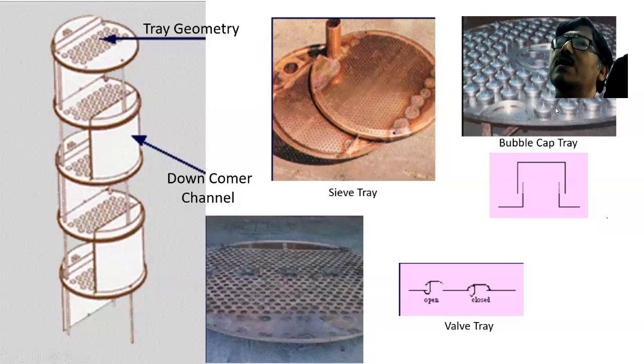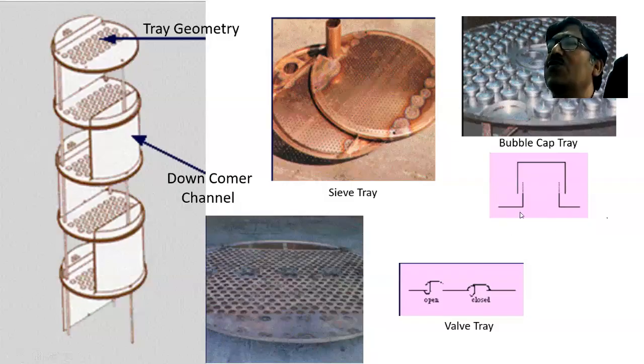Due to that, where it is not absolutely necessary, it is not used. Otherwise, if we want more flexibility, more efficiency, more turn down ratio, out of all these three, this one has the maximum turn down ratio.